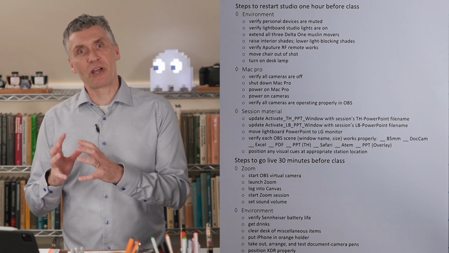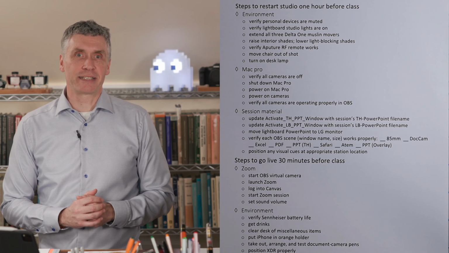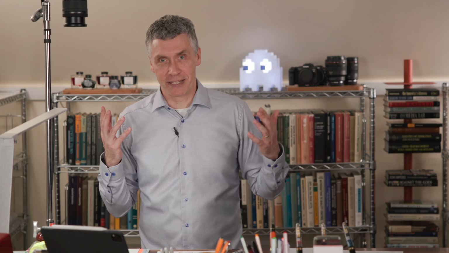So this was another difference between the online class and the on-campus class. On campus, you could just roll right in and do it. Here, there's definitely more moving parts to get right. Not impossible by any stretch, but just the number of times before I had the checklist that I forgot to turn on all the lights, or check that the remote is working, or a set of things like that. So those were some examples.